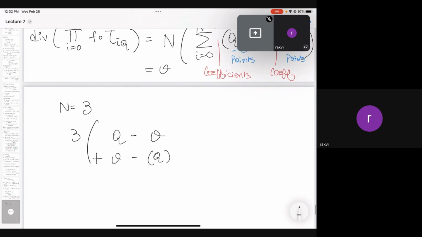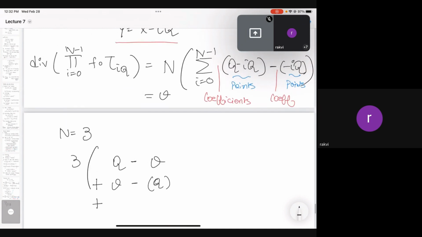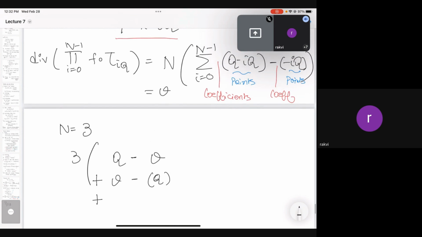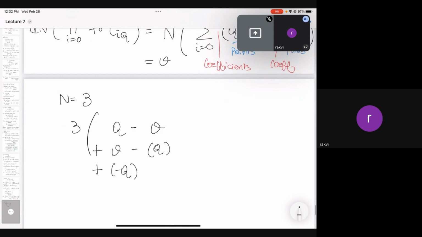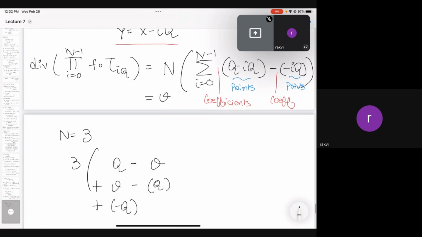Okay. And the third term in my divisor is when i is equal to 2. So I have q minus 2q, but q minus 2q is simply minus q. So minus q. Okay. And then minus, i is equal to 2, so minus 2q.